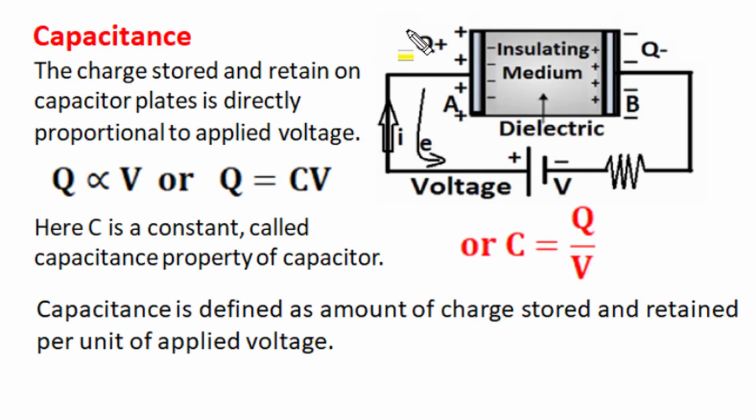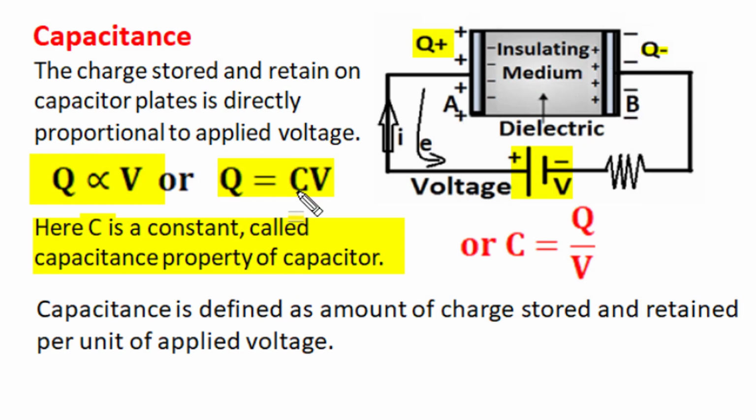The charges, which are equal in magnitude and opposite in polarity, are stored and retained in the capacitor configuration when we apply voltage, and the amount of charge stored and retained is directly proportional to the voltage applied across the conductor plates. This proportional relation can be converted into equality using a constant, and this constant capital C is called the capacitance of this capacitor configuration.